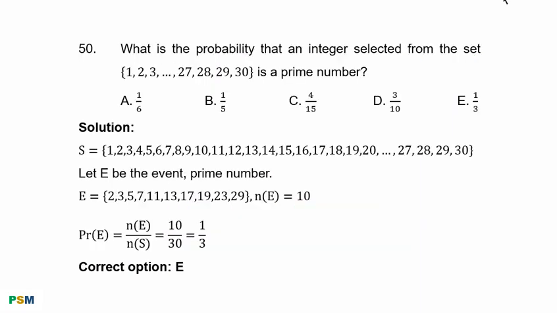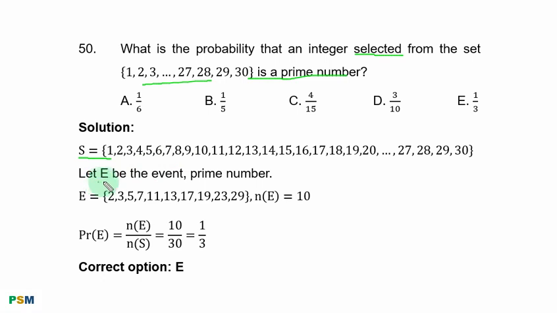Question 50. What is the probability that an integer selected from the set, this set, is a prime number? Solution. The given set is the sample space. You list all the numbers from 1 to 30.